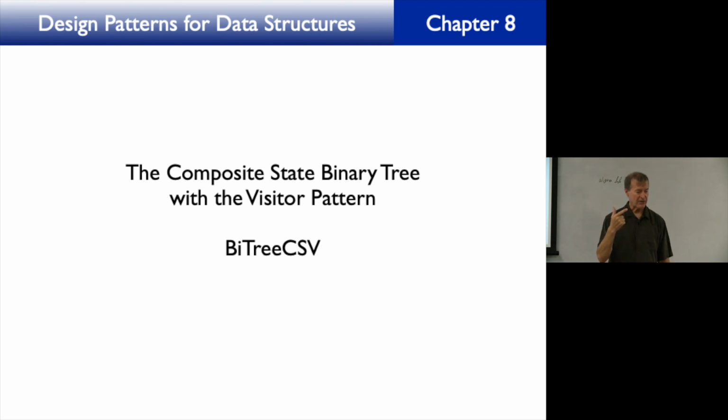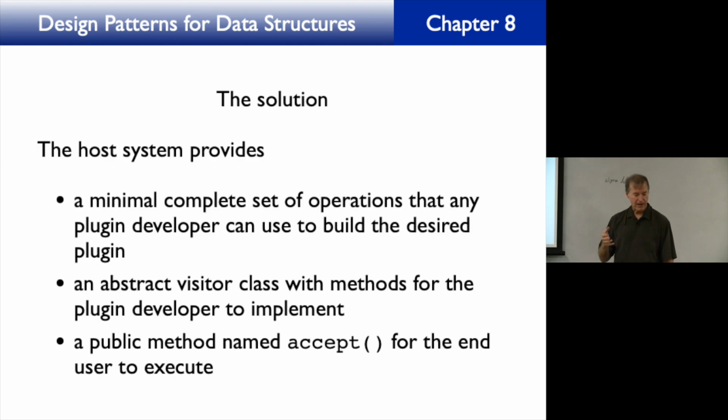And then there are the developers of the plugin who write software that they want to sell to customers to plug into this to provide extra functionality without having to have the host company recompile to integrate that capability into it. And then the third person is the user who buys the plugin and actually executes the plugin. And so the host system provides a minimal complete set of operations that any plugin developer can use to build the desired plugin. Right?